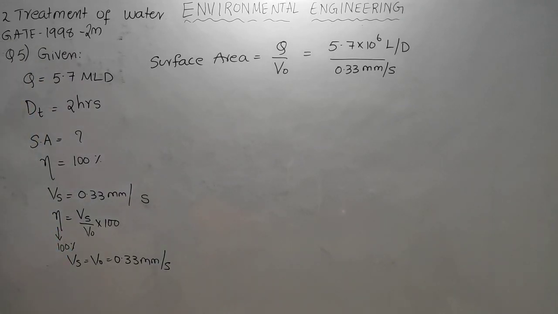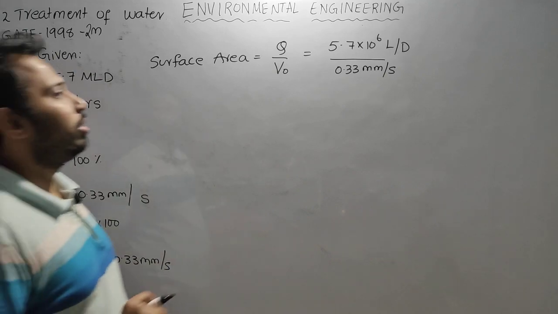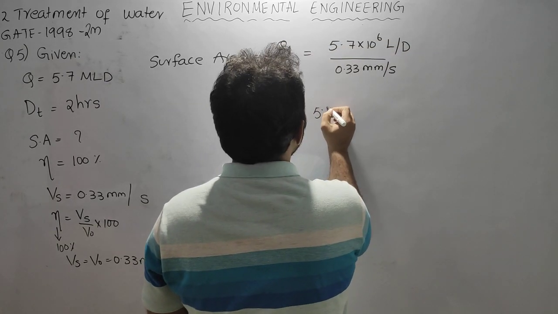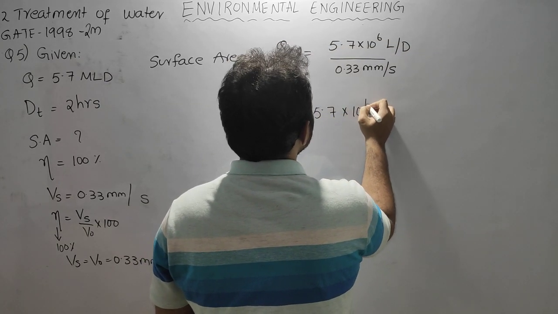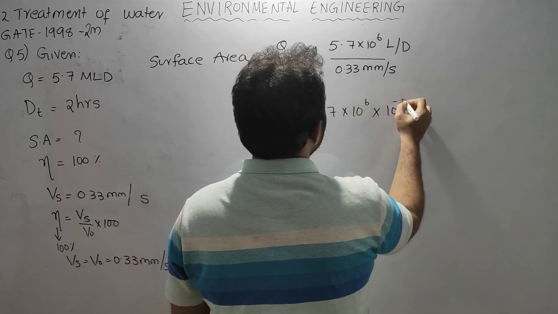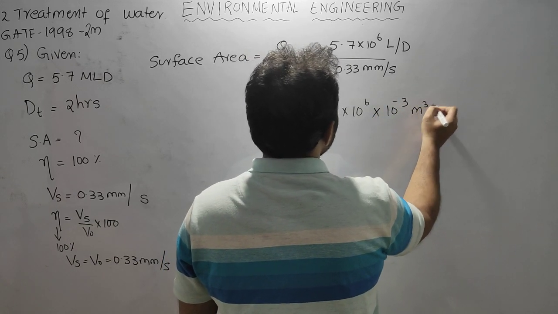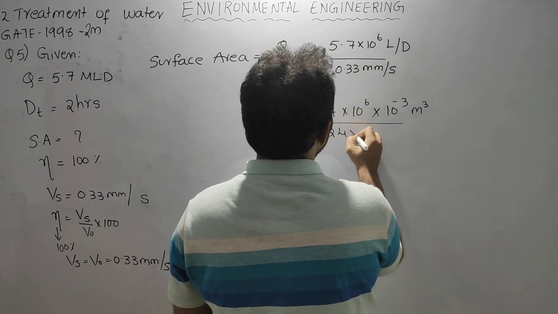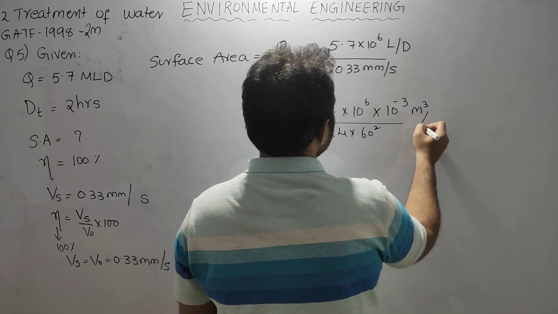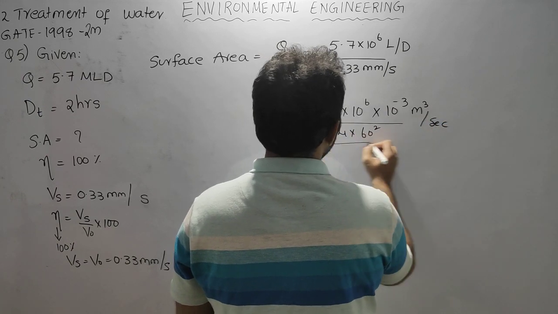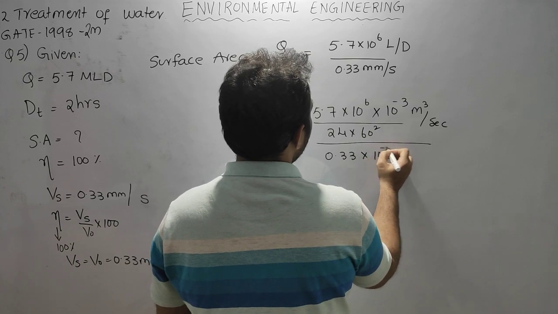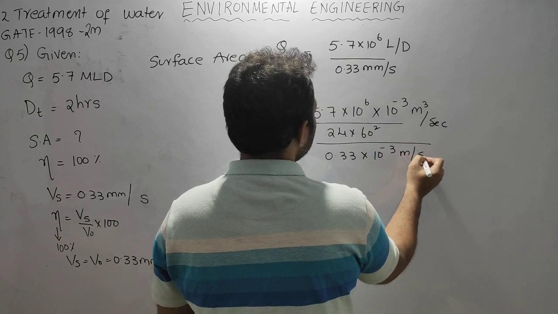Here the answer is in meter square, so convert everything into meters. 5.7 into 10 to the power of 6 into 10 to the power of minus 3 meter cube, and converting the day into seconds, that means 24 into 60 square. So this is meter cube per second. Similarly, 0.33 mm converted into meters is 10 to the power of minus 3 meters per second.